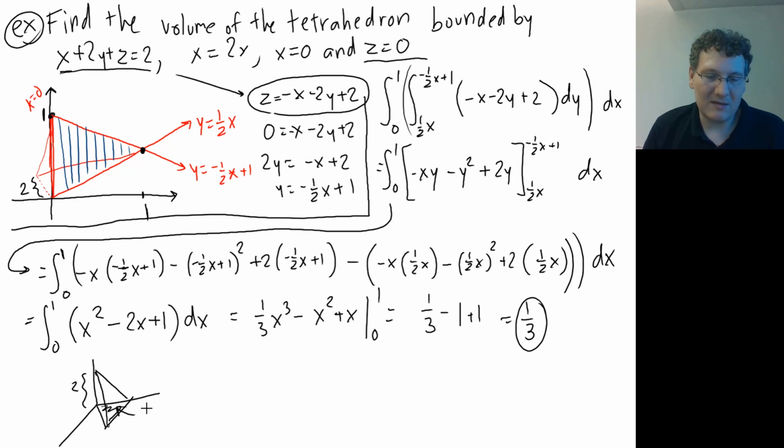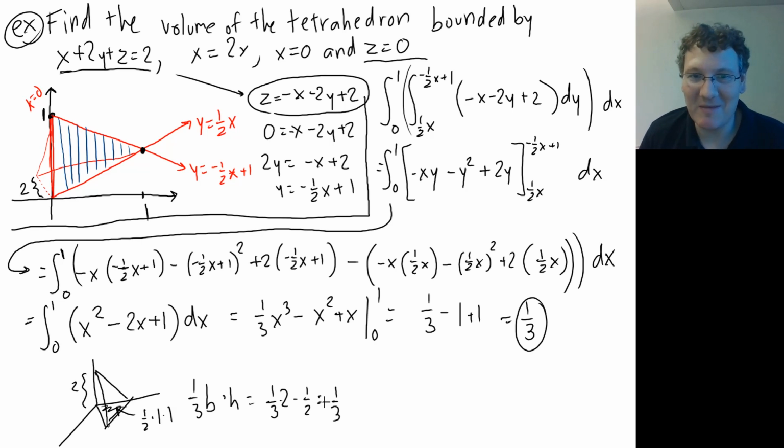The area of the base is 1/2 base times height, so it's 1/2 times 1 times 1, and the volume of a pyramid, which is what this is, is 1/3 base area times height, which is 1/3 times 2 times 1/2. So it comes out to be 1/3. Saves a little time if you know the formula, but this is just showing how. You could do this with much more complicated shapes, of course.